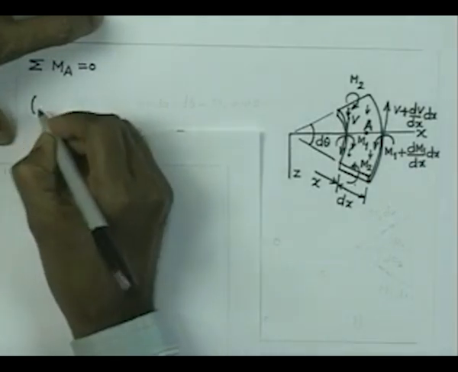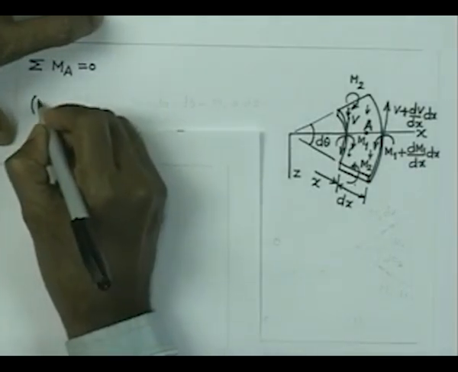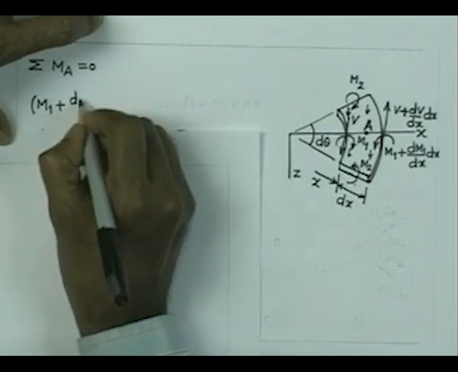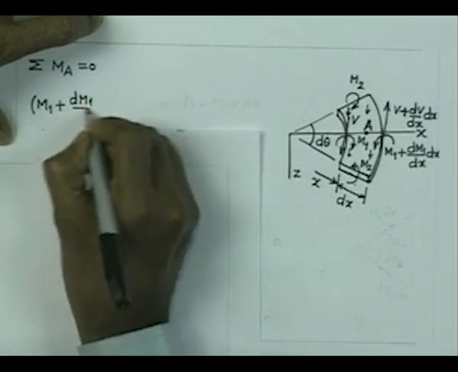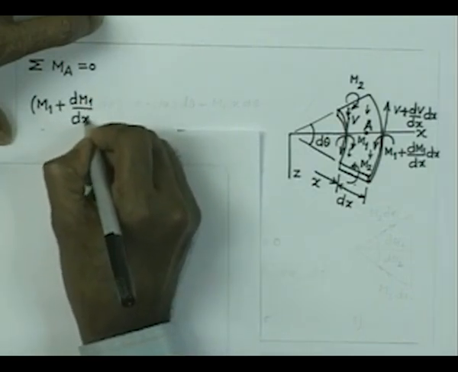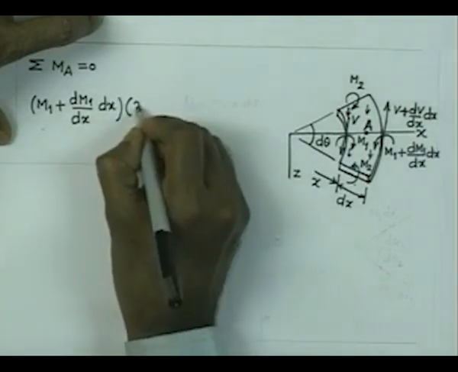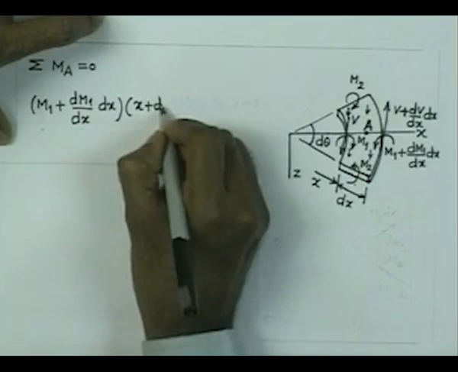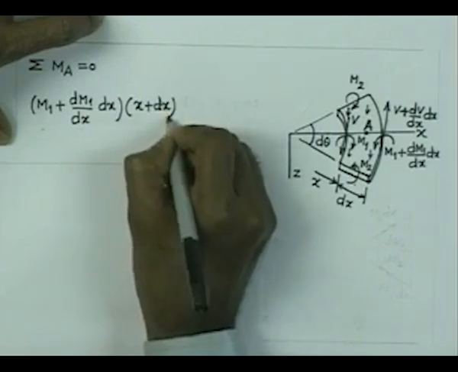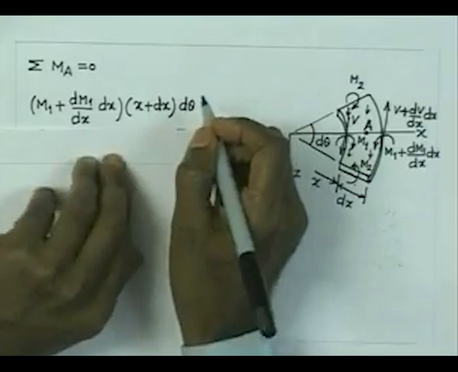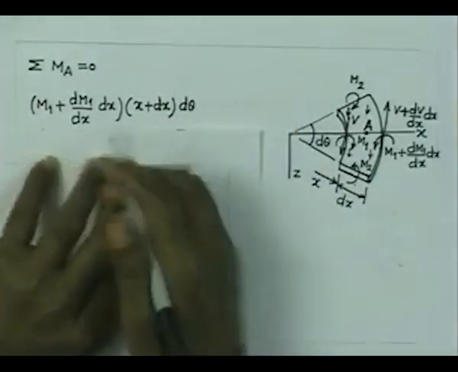So, we can now write m1 plus dm1/dx into dx, into x plus dx, into d theta.